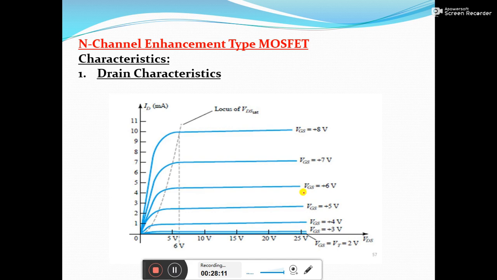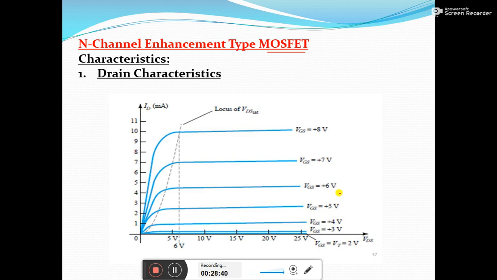Now we shall see the drain characteristics as well as the transfer characteristics of the n channel enhancement type of MOSFET. Here the drain characteristics are the curves between the drain current ID and the drain to source voltage VDS, at constant gate to source voltage, keeping VGS at some constant value.